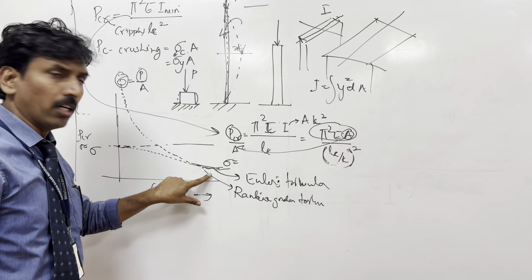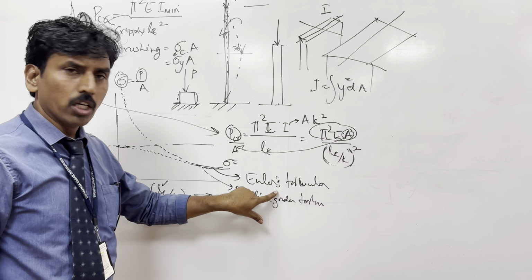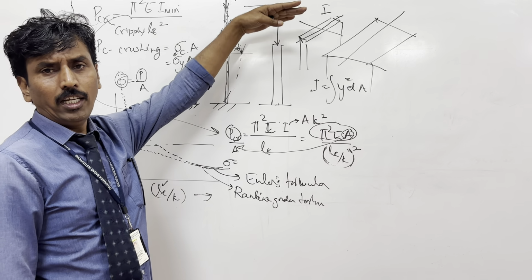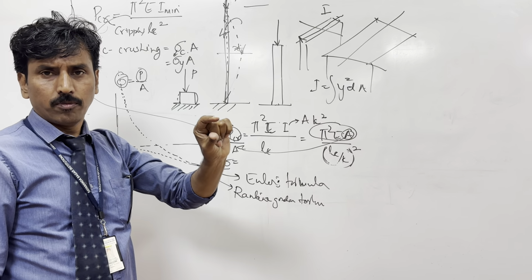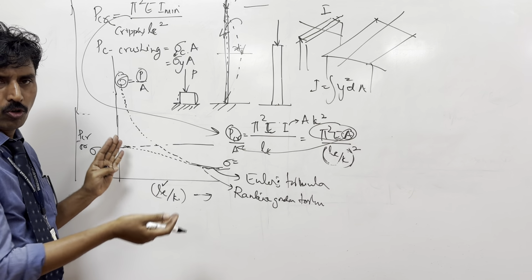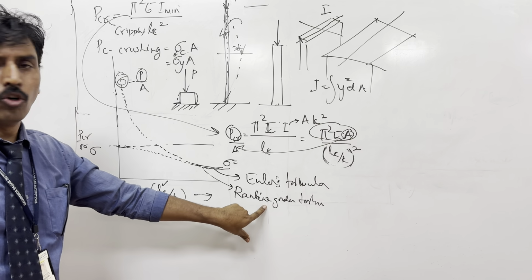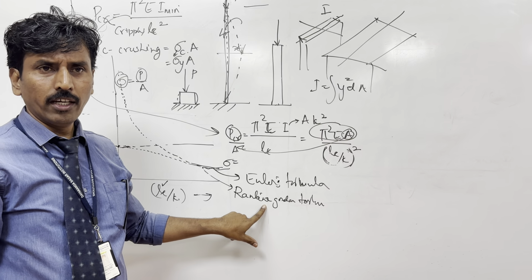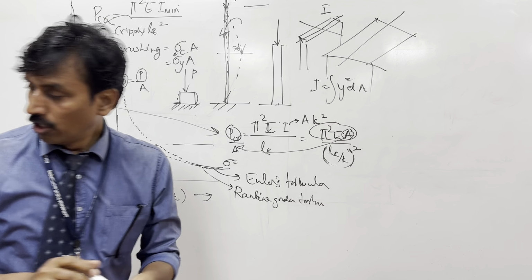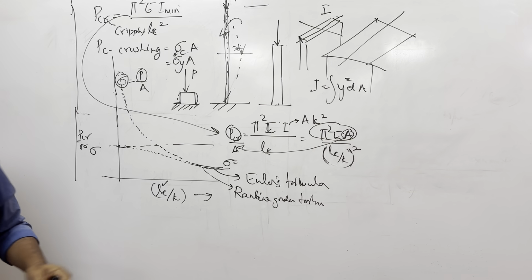So this is a better formula, because Euler's formula would completely go wrong for very short columns. For very short columns, it would almost feel like it would take infinite load. So the Rankine-Gordon formula overcomes this issue. So let us see what this Rankine-Gordon formula is now.